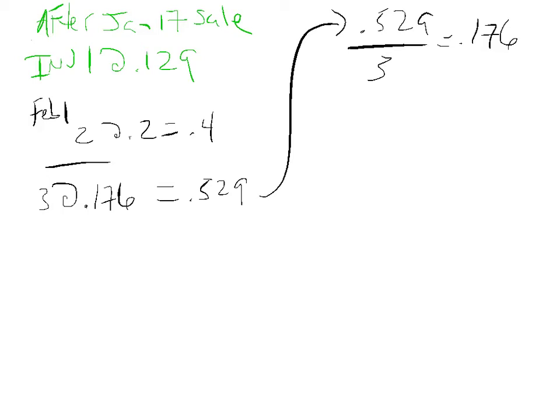So then on February 2nd, we're going to sell 1 at that average cost, that 0.176, okay? And so that is cost of goods sold for that sale, all right?